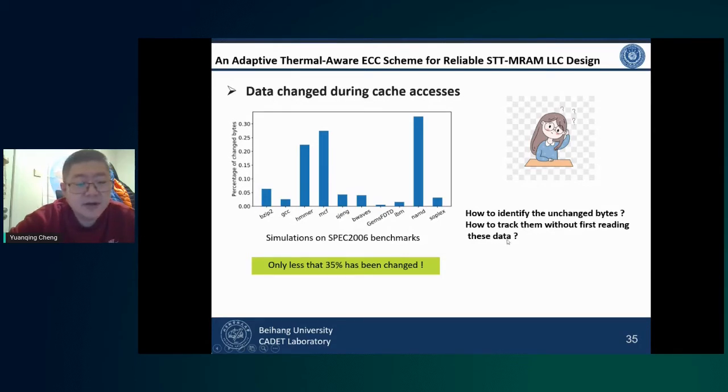Before our work, some other researchers proposed a technique to reduce the amount of data written back to the cache. Before writing back, they read the original data from the cache and compare the data to be written with the original data.